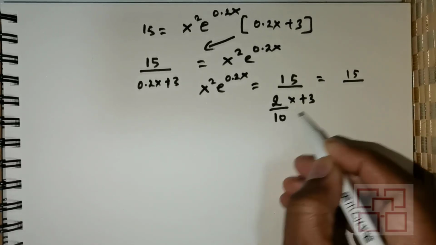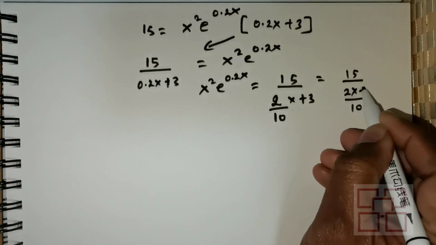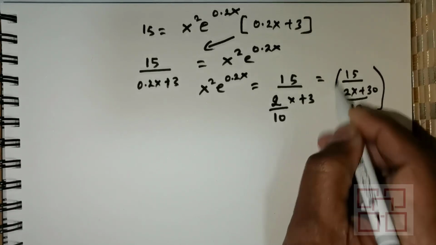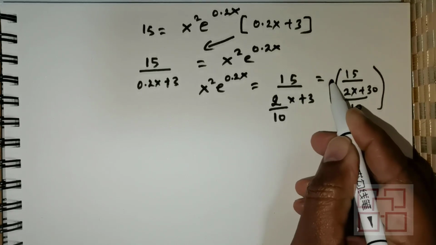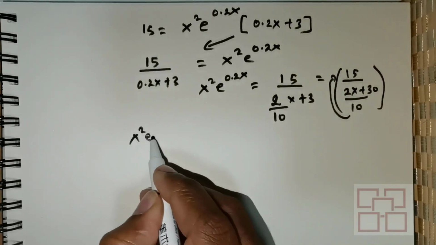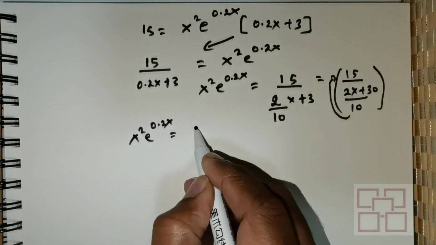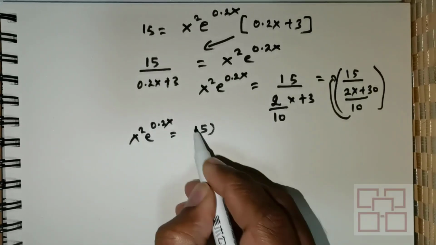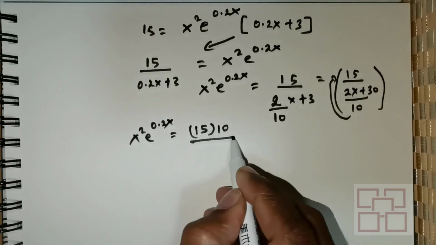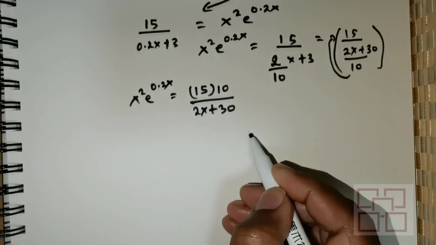If I take the LCM as 10, then I would have 2x plus 30. Now I'm going to flip this 10 to the numerator. So that would give me x squared times e raised to the power 0.2 times x on the left. When I flip that, it's going to be 15 times 10 divided by 2x plus 30. This is what I've got.